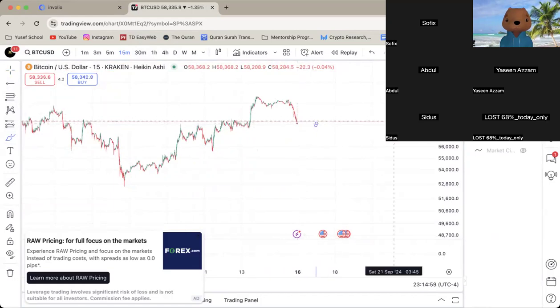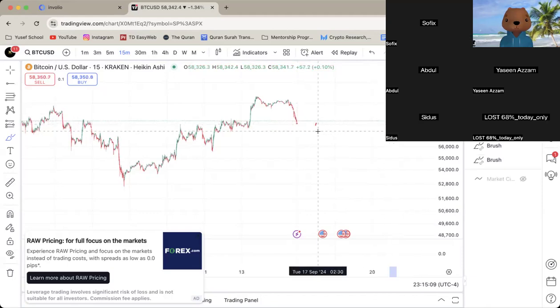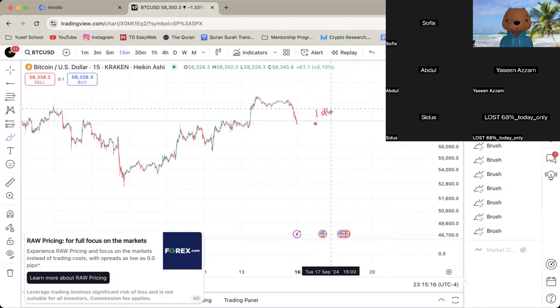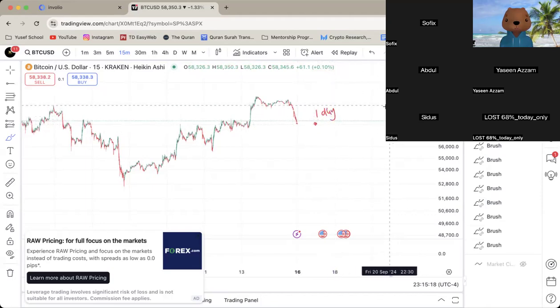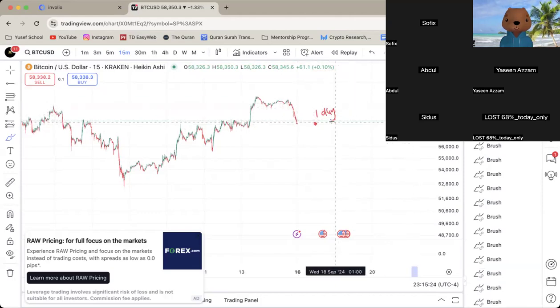So that'll be the 22nd, but let's just do the 21st, so around 5 days. So you got 1 day and we got 5 days. So on lower time frame, I usually like to predict up to 1 day and up to 5 days.